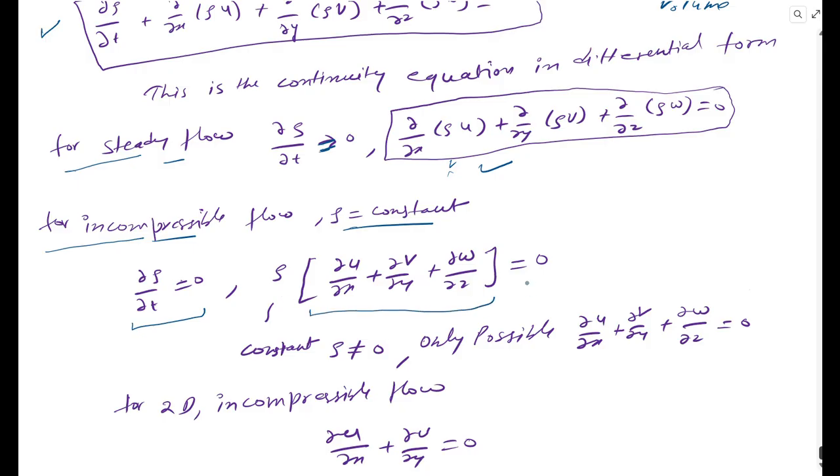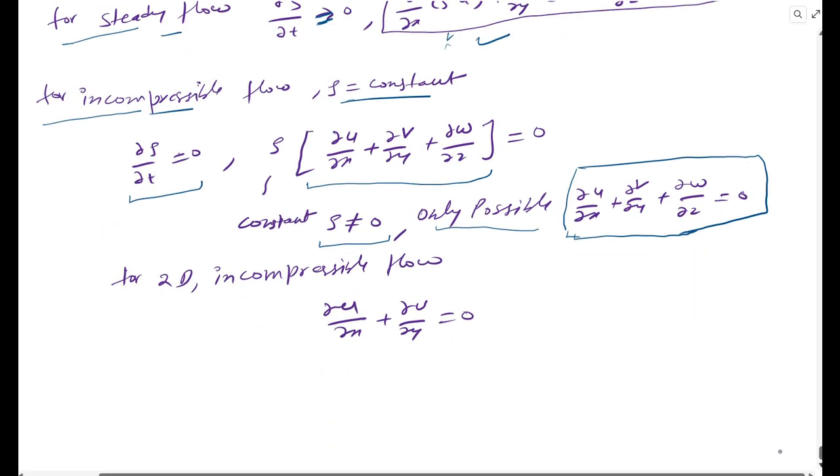So this equals 0. Rho cannot be 0 because it is the density and its value is constant. The only possibility is that this term is 0. This is known as the continuity equation for incompressible flow.